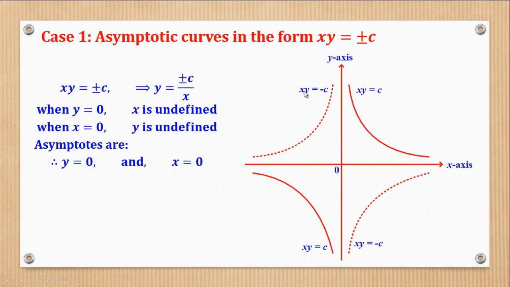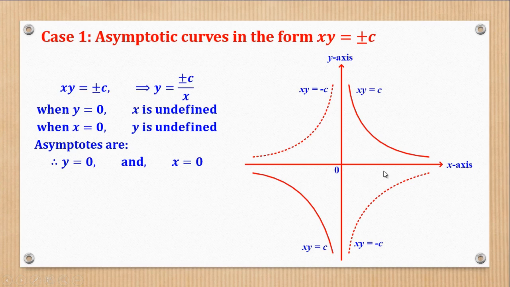On the other hand, for negative constants, for example, xy equal to negative c, when the values of x are negative, for example, if I put -1 here, I'll come up with y equal to c, meaning y is positive. Therefore, for negative values of x, the curve will be above the horizontal asymptote.